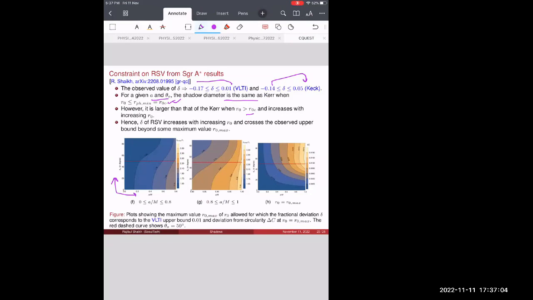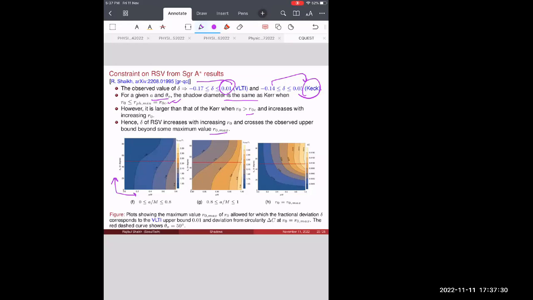Therefore, if we increase R naught beyond R0C, then delta, the fractional deviation parameter with the Schwarzschild shadow, also increases monotonically. At some point it corresponds to the upper bound of the observed delta, and we stop there and call it R0 max.